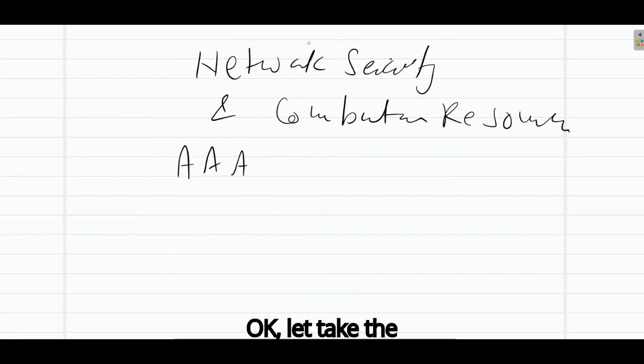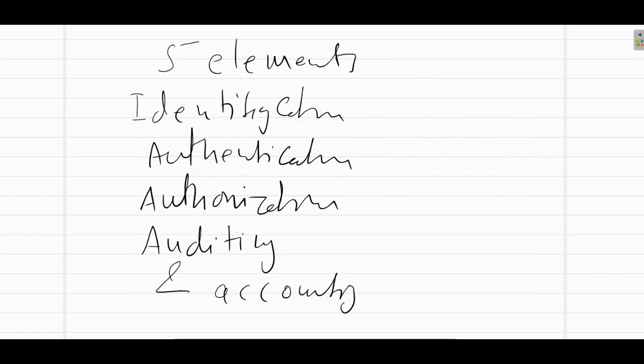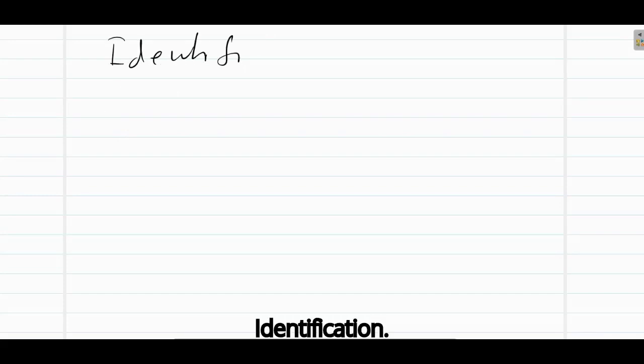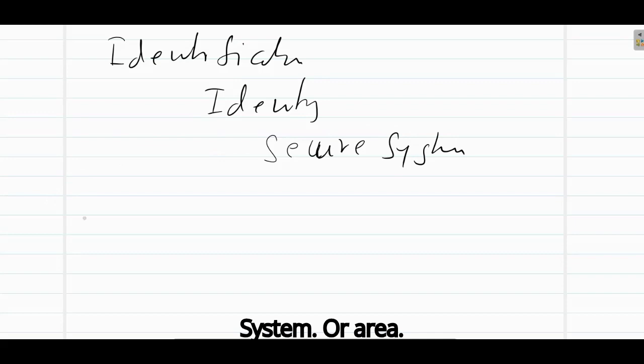Okay, let's take the first element, identification. Identification is a process to identify who you are when you try to access a secure system or area.